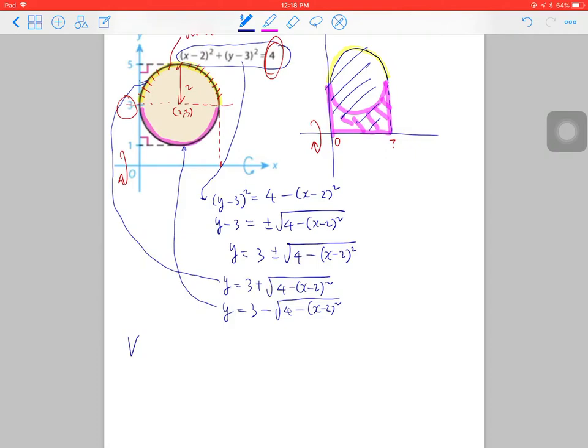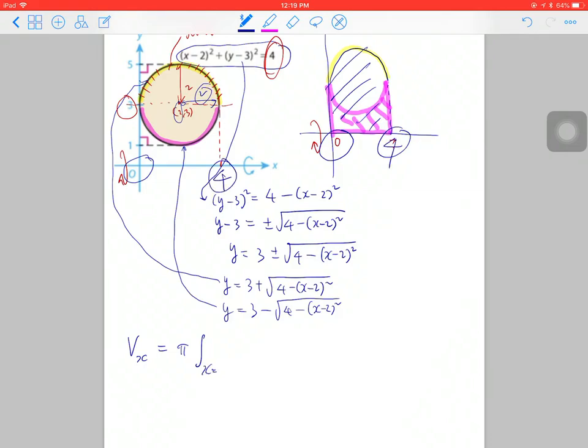Then we write the volume. Now rotate. Remind yourself, rotating about the x-axis, Vx equals pi, and then starting from 0 to what? Okay, as I said before, the radius is 2. So here should be 2 plus 2, that is 4.